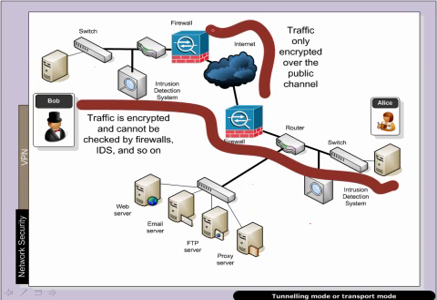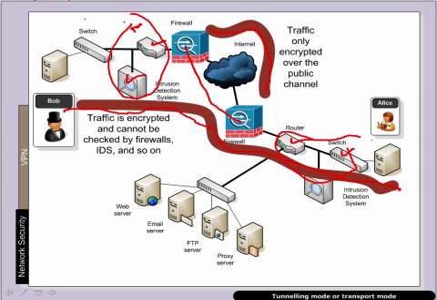Okay, so this shows our issue here for this tunneling. Then we only have encrypted traffic between the two VPN servers, and it's unencrypted here, so that any firewall, any intrusion detection system can actually check the traffic. And end-to-end will encrypt the whole lot, so that these devices will not be able to check any of the content within the data packets.